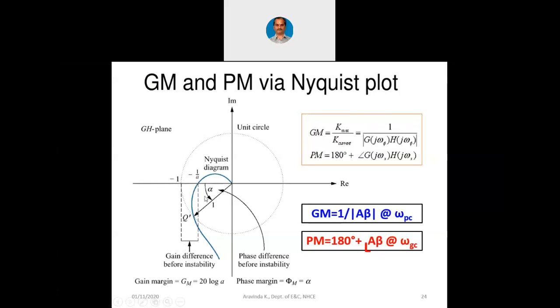Similarly, phase difference also you can see, phase difference before instability. So gain margin is defined as 1 over mod of A beta at phase crossover, the frequency of phase crossover. And phase margin is defined as 180 degrees plus angle of A beta at gain crossover, or the frequency of gain crossover.